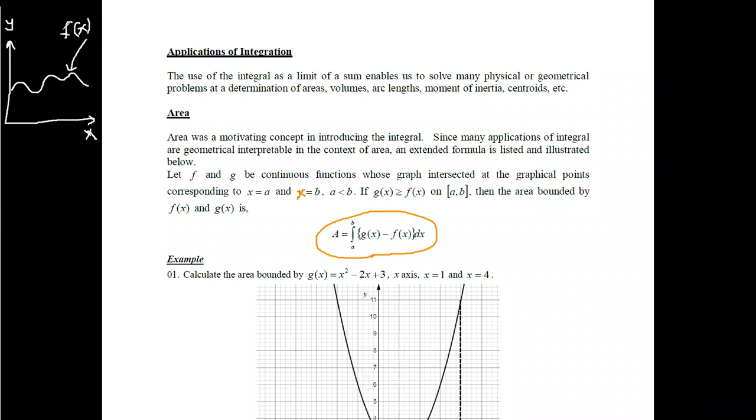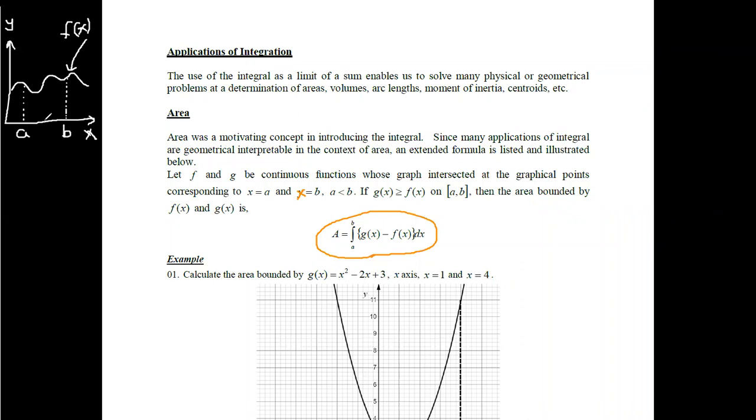Now if you are asked to calculate the area below this graph f(x) in the region a to b, you need to find the interval of x over which to take this area. Here, these are the values for a and b.